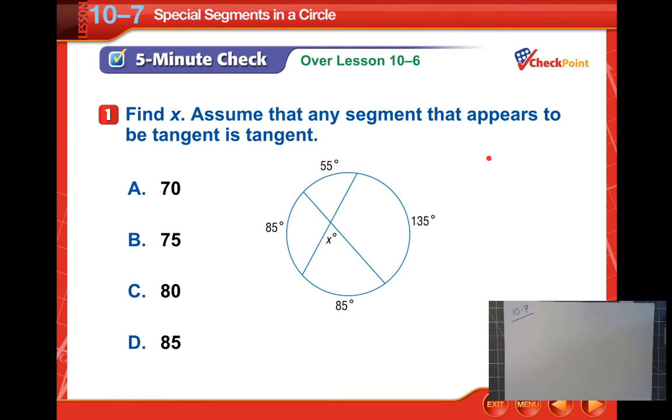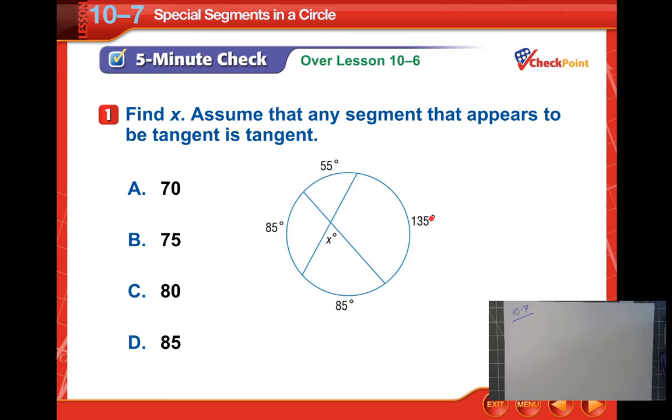So find x, assume that any segment that appears to be a tangent is a tangent. This has no tangents, but it has two secants. Remember, a secant will touch the circle in exactly 2 points. So a chord is a secant. To find x, we have 85 below it and 55 on the other side.